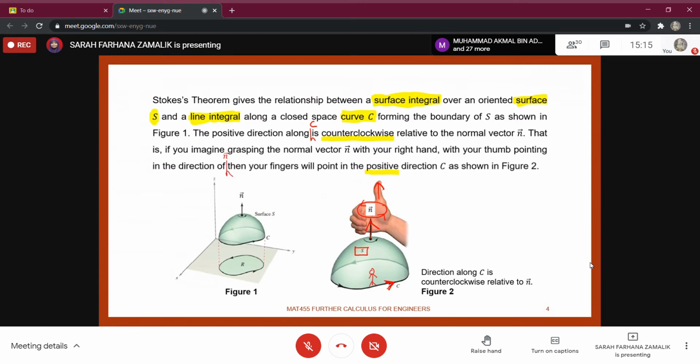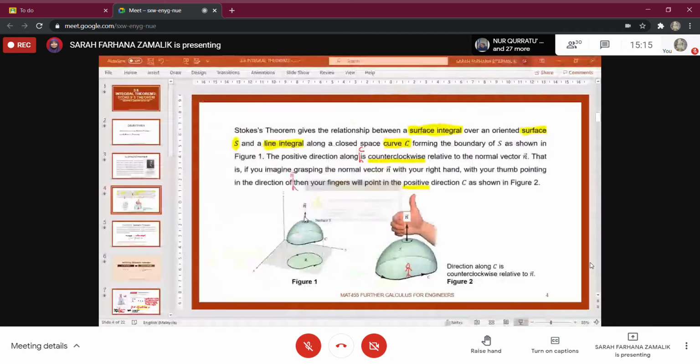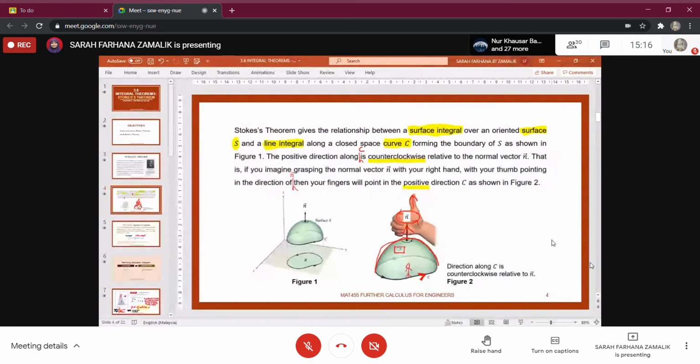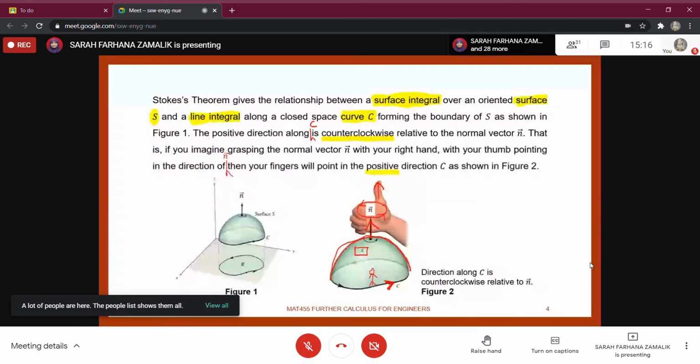Ini C, so yang ini surface S, which is yang ni lah. Contoh dia bagi ni, let's say it is a paraboloid lah katalah kan. So yes, this is your surface equation for your S. Kenapa dia ambil S yang itu? Awak tengok direction dia je, direction unit normal awak. Because unit normal dia pointing outward kat sini, maksudnya gambar yang ditunjuk kat sini Z kita, positive Z kan.